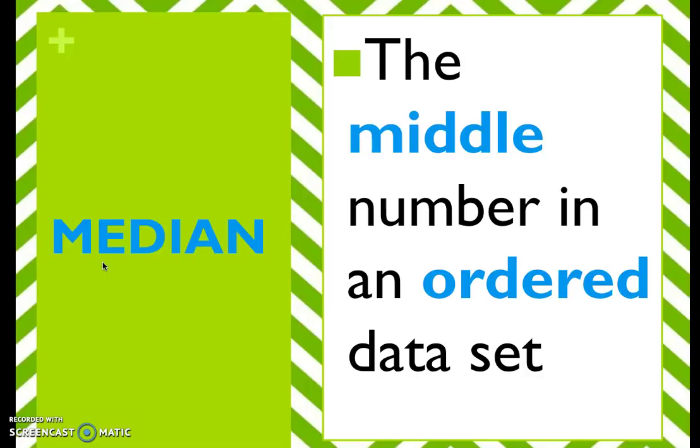It's in the middle of the highway. The median in a data set is that middle number. Now, another important piece is that it's in an ordered data set. We don't really care what the middle number is in a data set if it's not ordered. We're talking ordered from least to greatest. That middle number is called the median.